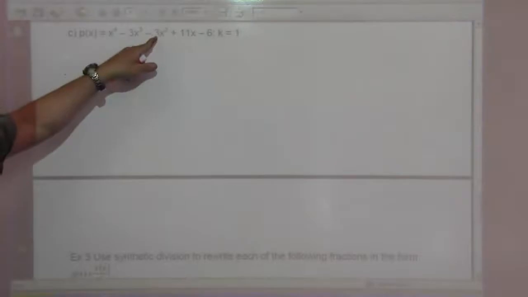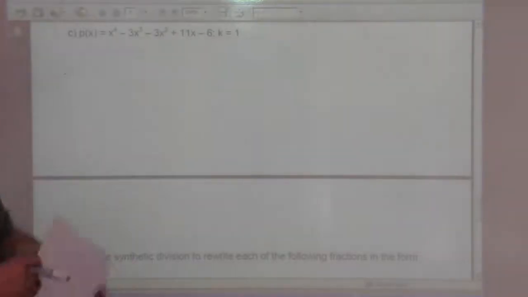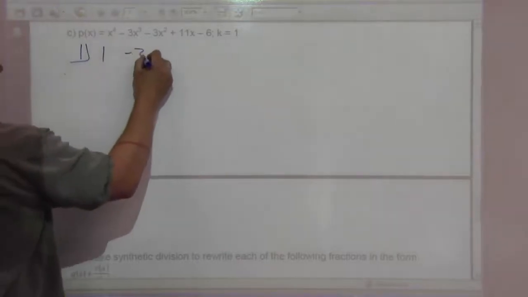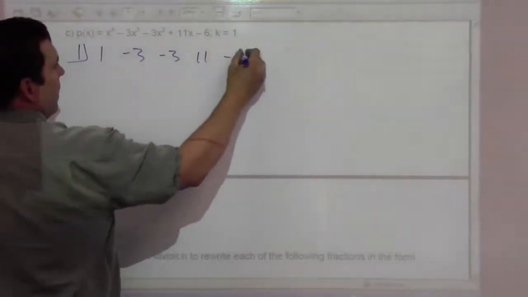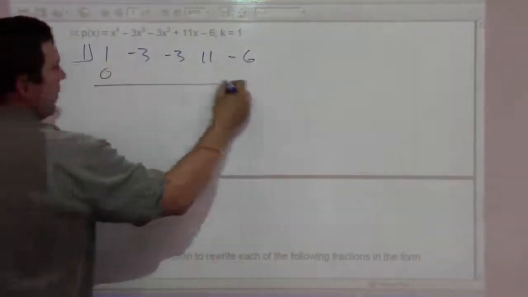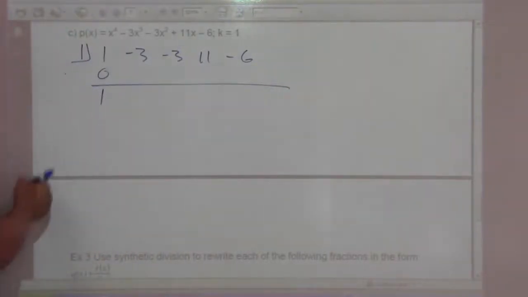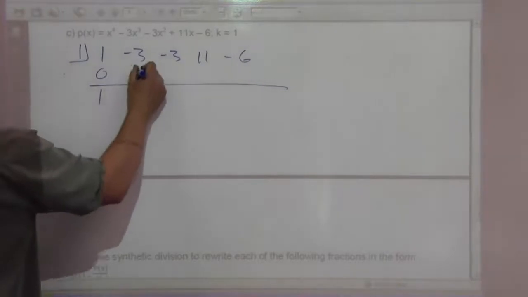Okay, p of x is x to the fourth minus 3x cubed minus 3x squared plus 11x minus 6, and k is 1. So 1 goes in the box. 1, negative 3, negative 3, 11, and negative 6. 1 times 1 is 1.